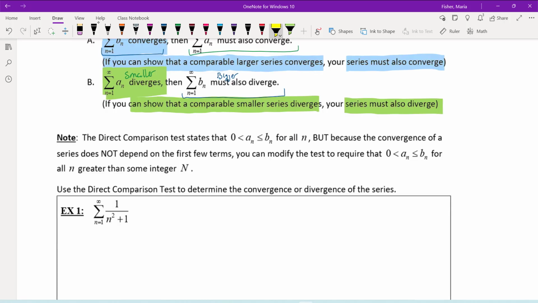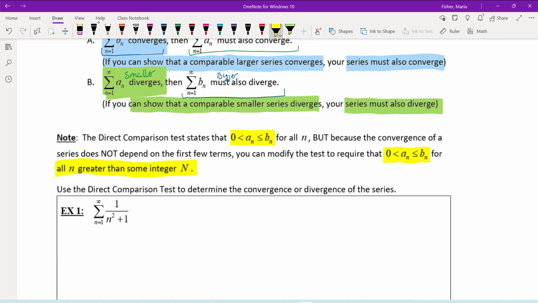Now please note that the direct comparison test does state that 0 has to be less than a sub n, which is less than or equal to b sub n for all n, but because the first few terms in your series are not going to change whether your series converges or diverges, we can modify that to say 0 less than a sub n less than or equal to b sub n for all n greater than some integer N. What that means is that when we're doing the comparison, if we say this series is larger after n equal 5, then that's okay that it wasn't larger for the first 4 terms.